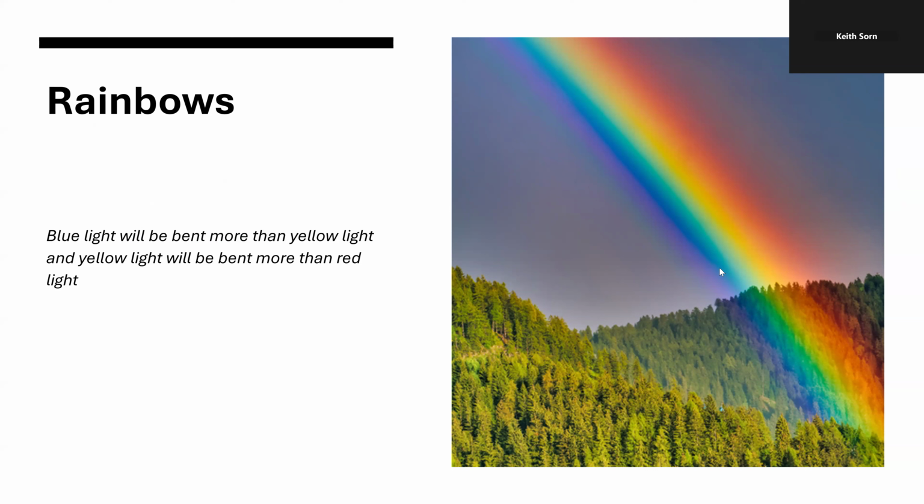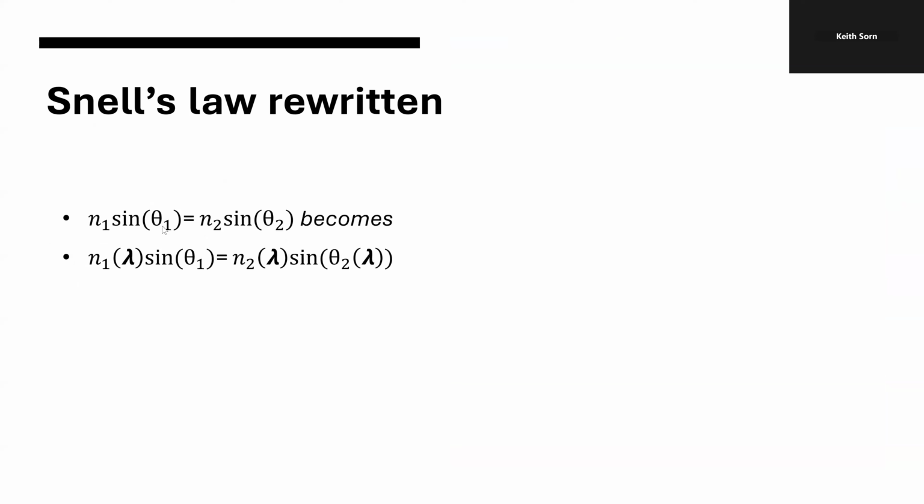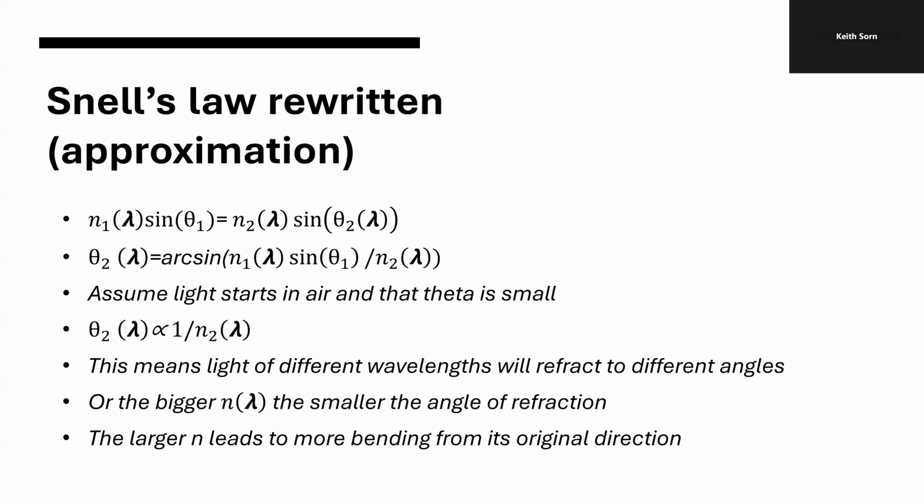This is due to the different colors having different indexes of refraction. Now, when we first learned Snell's law, we wrote the indexes of refraction as a constant. Now we know that's not true, but the indexes of refraction are a function of the wavelength of the light or the color of the light.